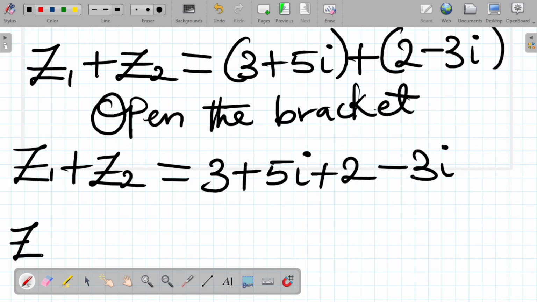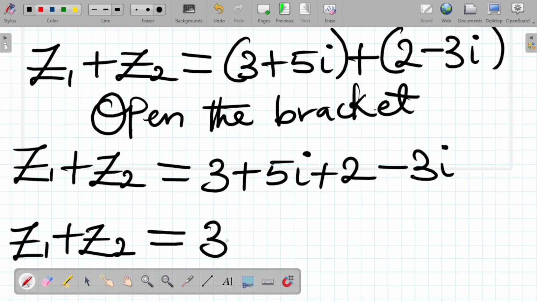So therefore z1 plus z2 is equal to, so our next task is to collect like terms. You add up the real part and add up the imaginary part. So the real part here is 3 and 2.